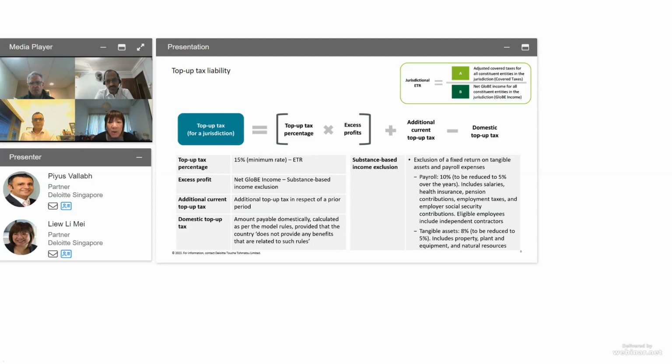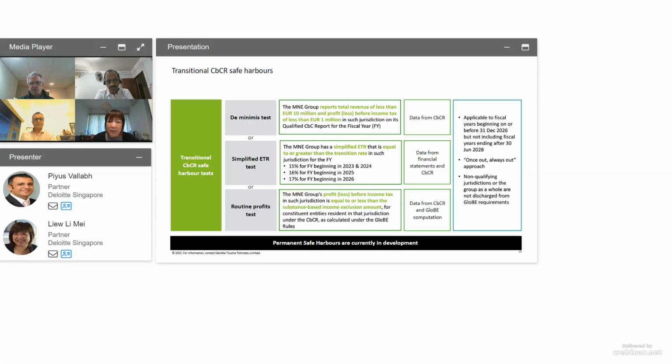Now, just moving on to the next slide on transitional CBCR safe harbors. These rules were released on 20th December 2022 based on public consultation which took place earlier in that year.